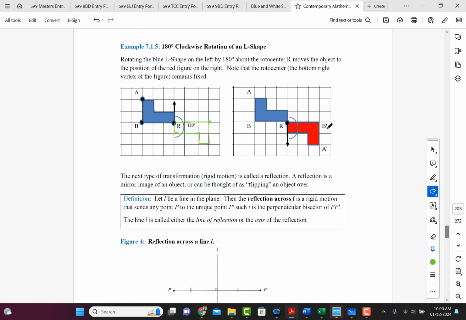And of course, label all the vertices with A prime and B prime, at least 2 vertices, because you only need 2, because it's a rigid motion.